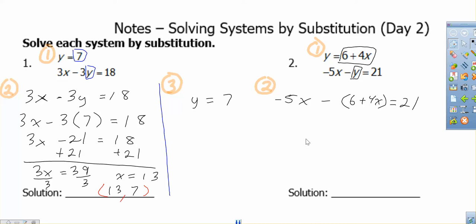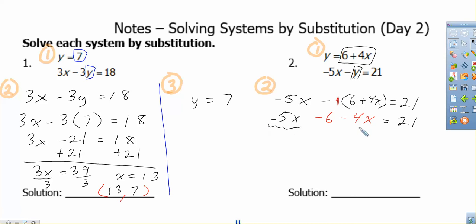Now in this case, we're going to have to distribute. Okay, distribute a negative 1, so that we get negative 6 minus 4x. Okay, and we'll bring down our minus 5x, and all that equals 21. Now to solve this for x, we first need to combine like terms.